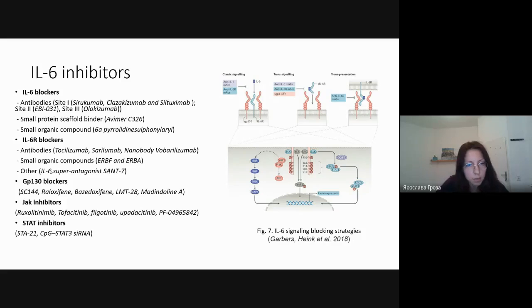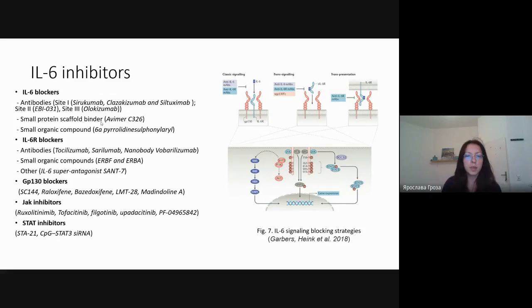Another interesting representative is Avimer. It's a small protein scaffold binder, which is able to bind the interleukin-6 molecule in 3 places. This avidity effect ensures strong binding. This molecule was investigated in phase 1 clinical trials, but its result was never published.